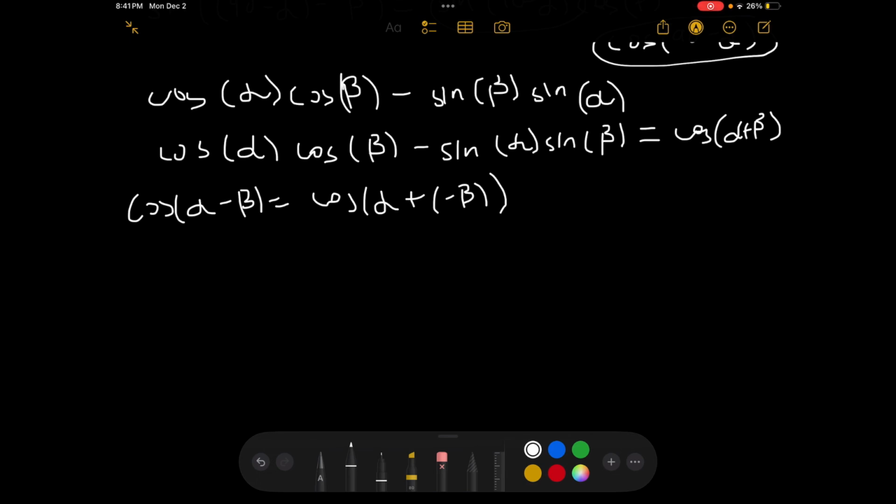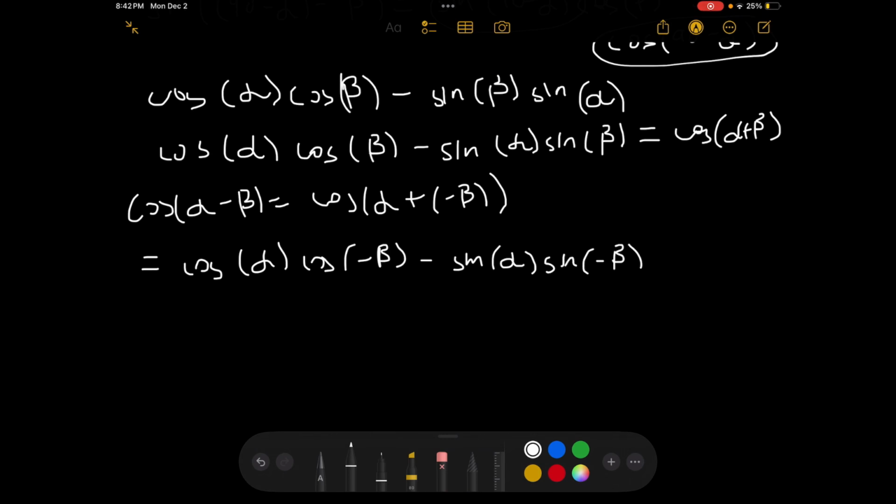So this is just equal to cosine of alpha times cosine of minus beta minus sine of alpha times sine of minus beta.